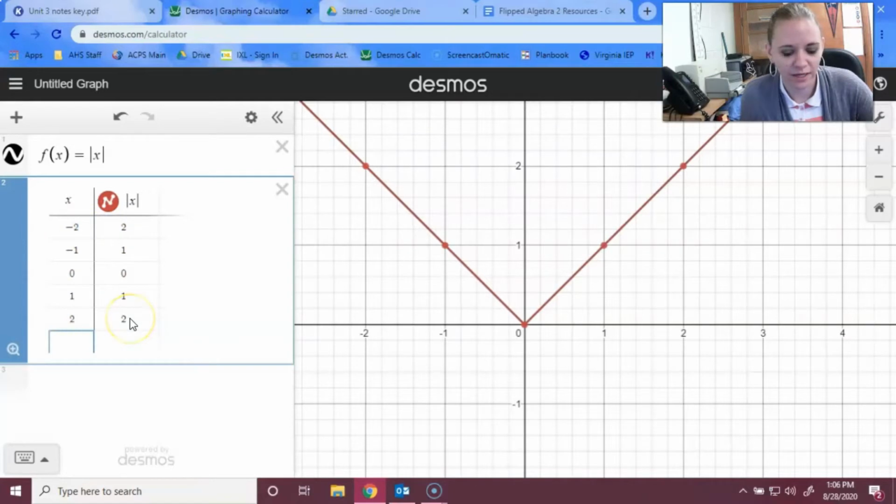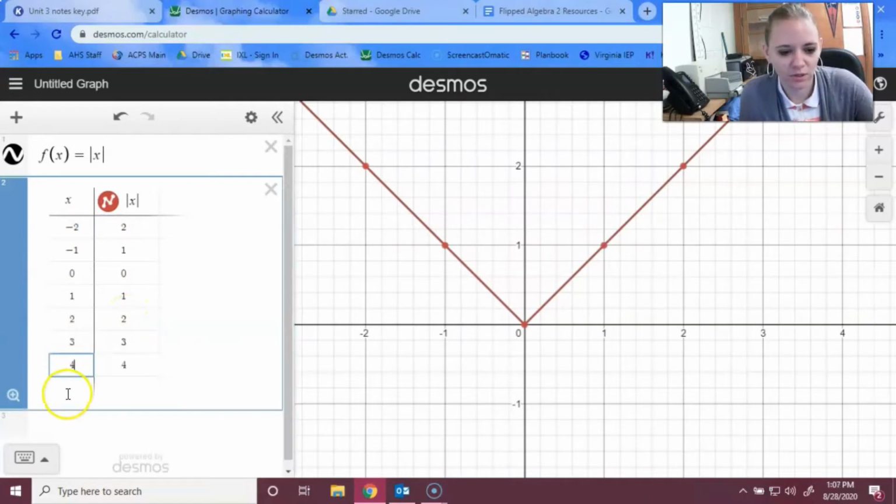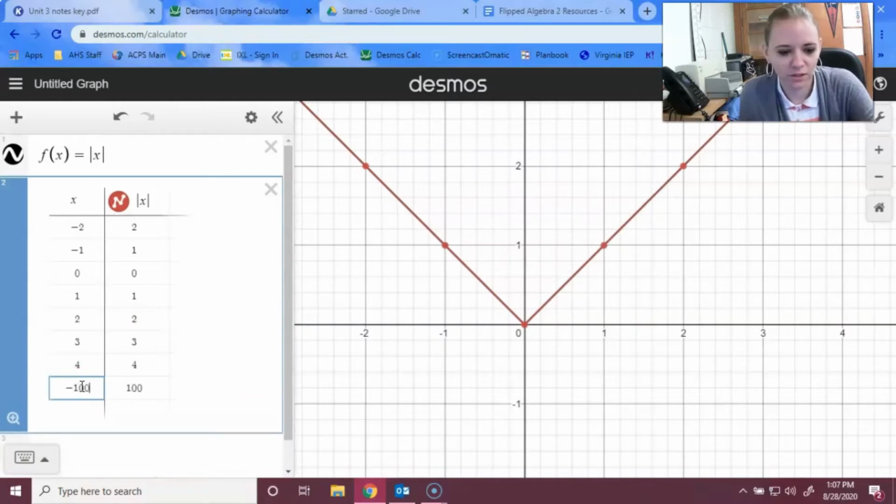You can add in more points, any other number you want, like -100. That's how you can get the table. Pretty nice. A little bit easier than the handheld calculator. There's a lot more places to go and things to do, but Desmos is just super friendly with this.